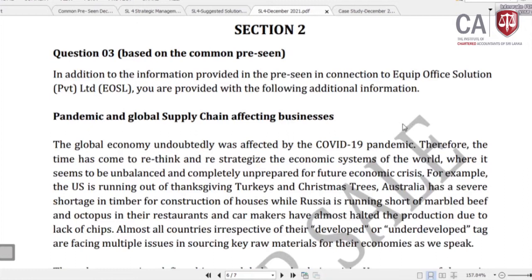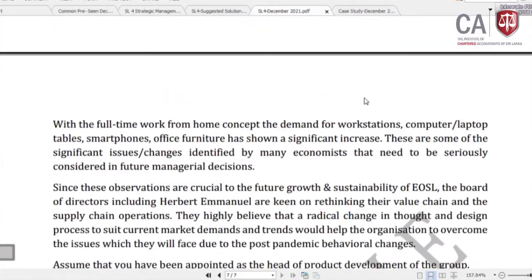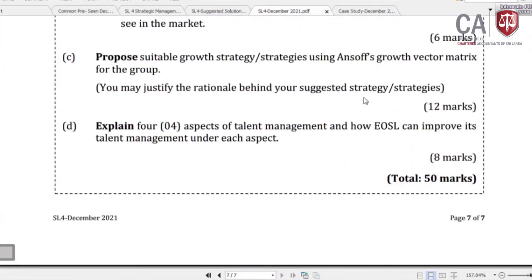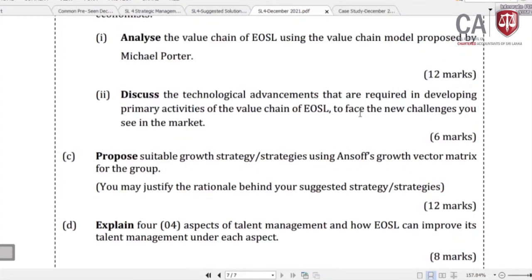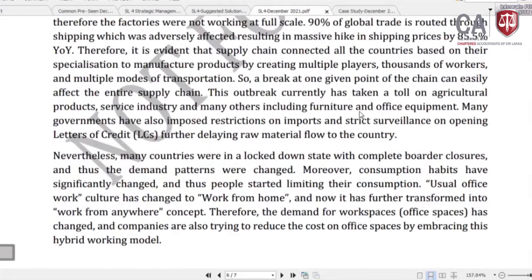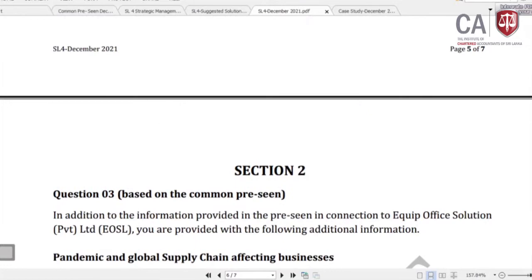Section 2 is based on the common pre-seen, and this carries 50 marks.